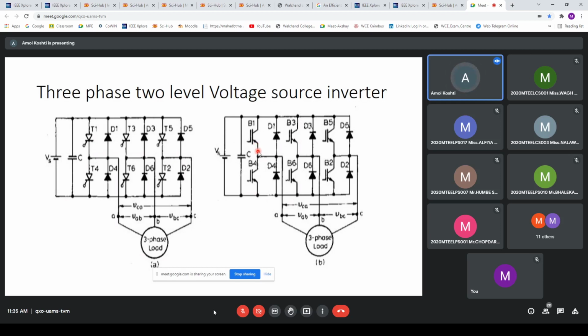Based on this, we have to choose. So this is the three-phase two-level inverter.